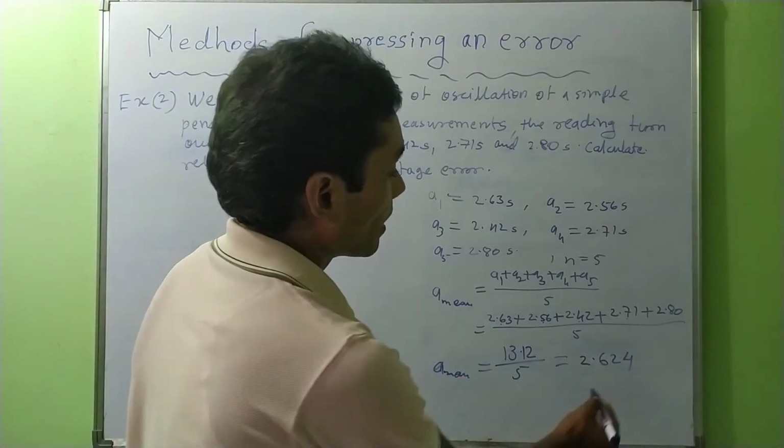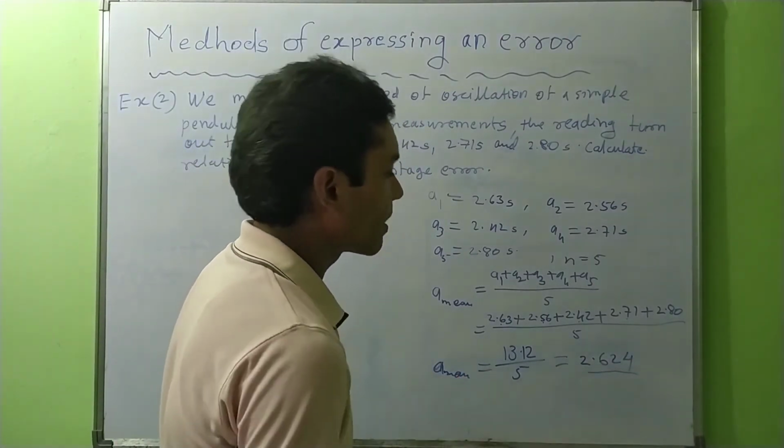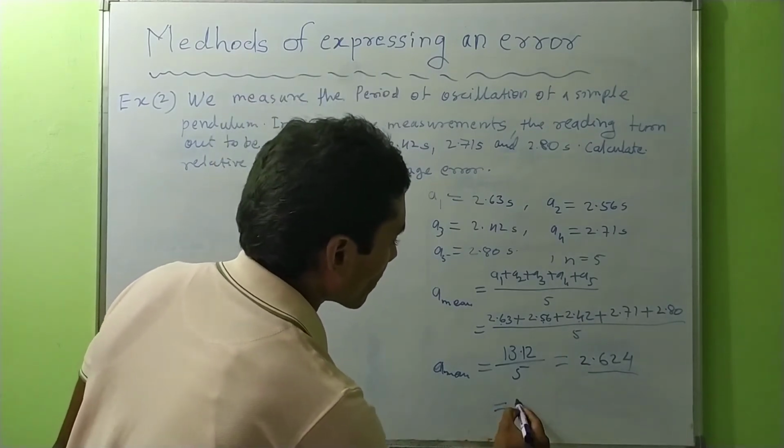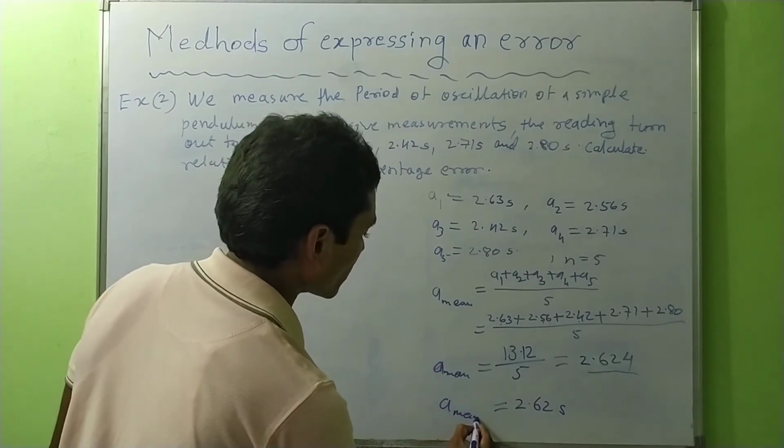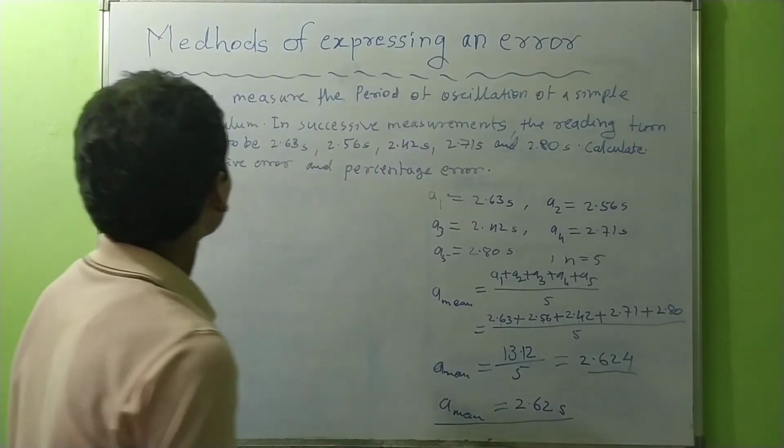A mean. Rounding off to the second decimal place, this will be 2.62 second. A mean. So this is the average value.